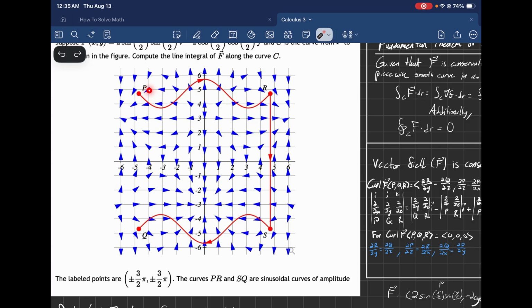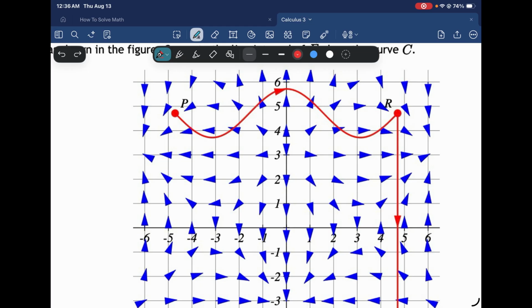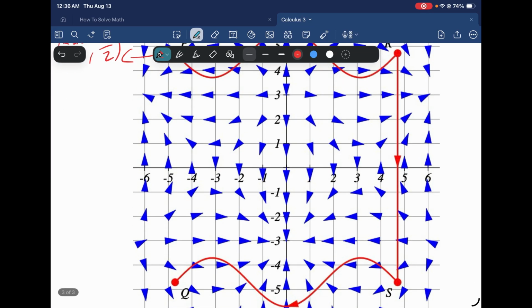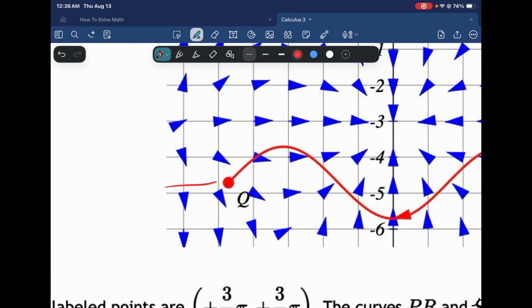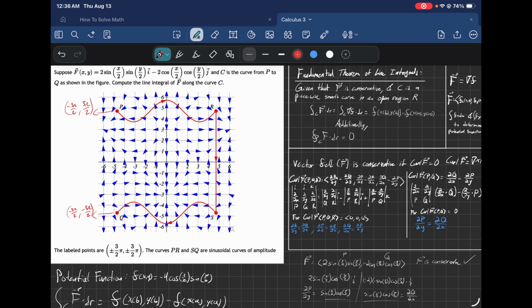So we can deduce that this is just, and let me change this into a color red, and let me add this here, 3 pi over 2 and then negative 3 pi over 2 in the x input, and then a positive 3 pi over 2 in the y input. And then this point here, which is the end point, is a negative 3 pi over 2 on both of the x and y inputs. So this is going to be our ending point, and this is going to be our starting point.